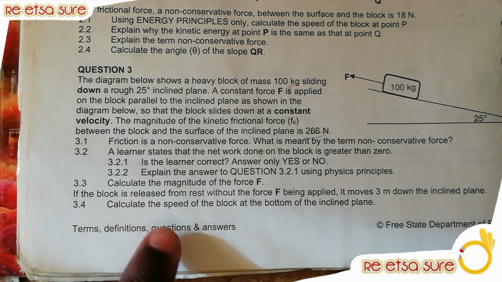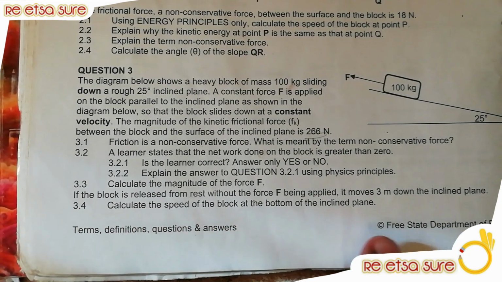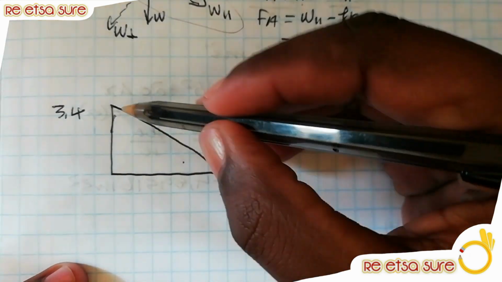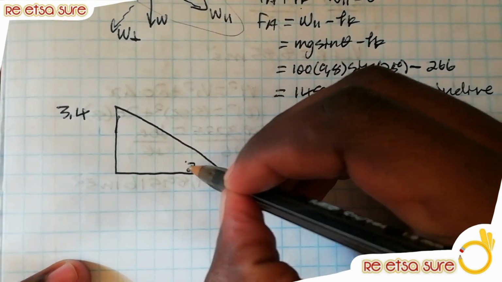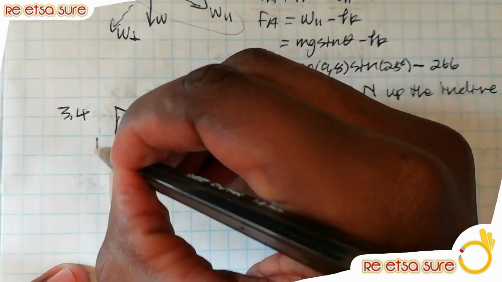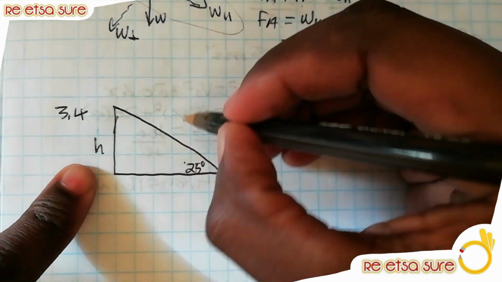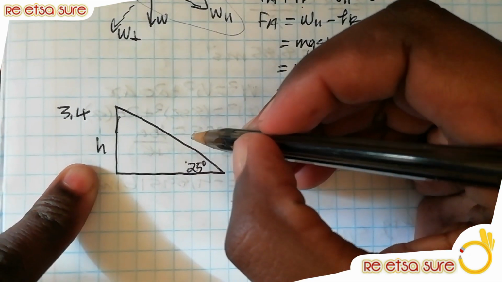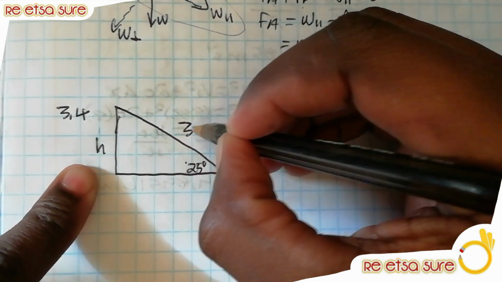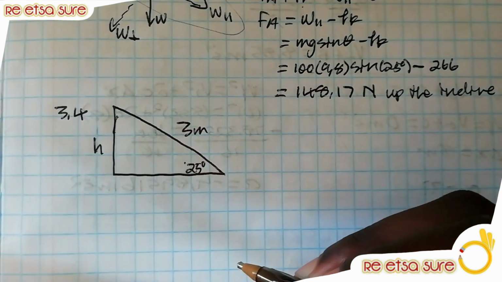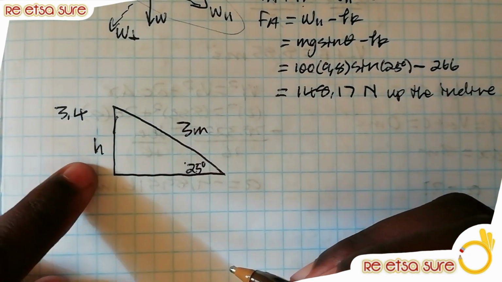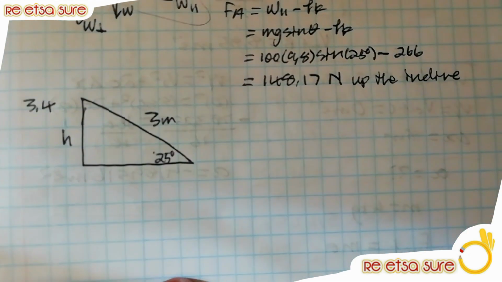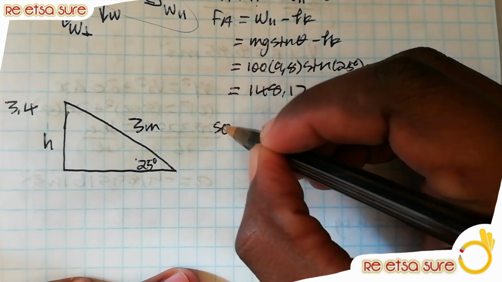3.4. Calculate the speed of the block at the bottom of the inclined plane. What we have here is a right angle triangle, and we have our angle of 25 degrees, and we are looking for the height. Now they told us that the object will slide down a distance of 3 meters before reaching the ground. So in order for us to find height, we're going to use trigonometry.